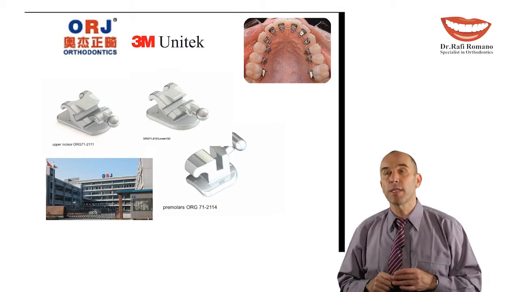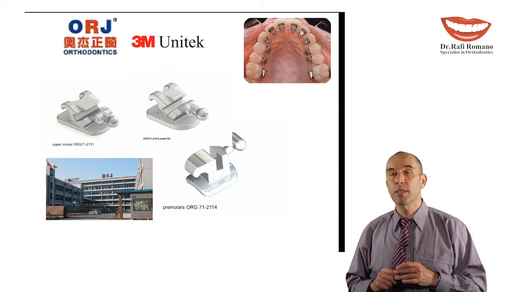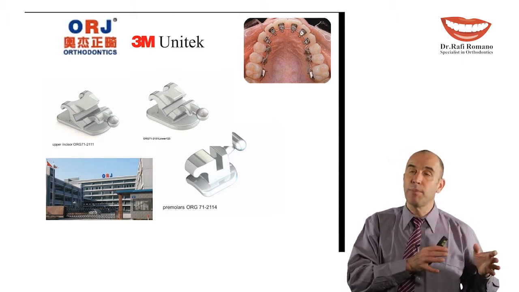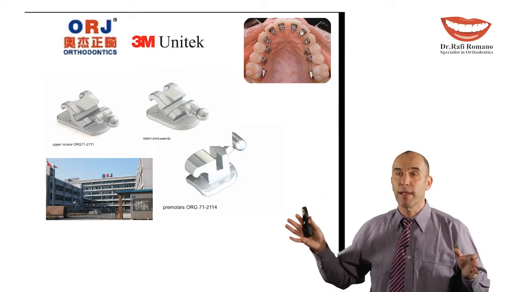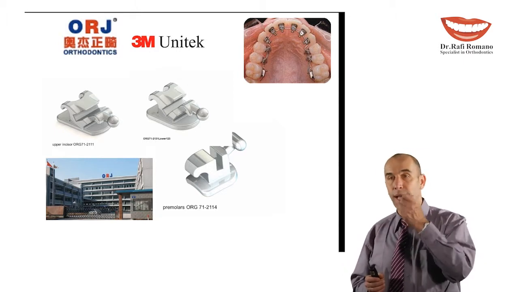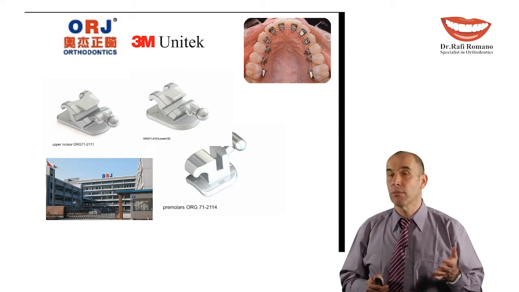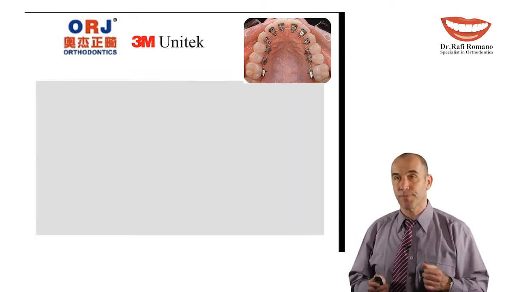The ORG brackets, which a few years ago was bought by 3M, is a Chinese company that took the concept of the STB and the initial generation 7 Omko bracket and combined it into a bracket which is small, has a hook, has straight wire values, and is quite cheap to use in lingual orthodontics.